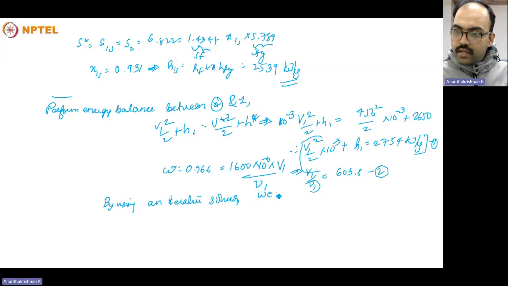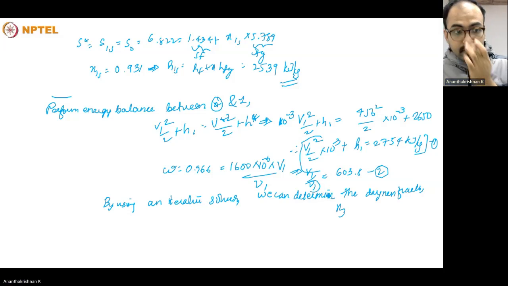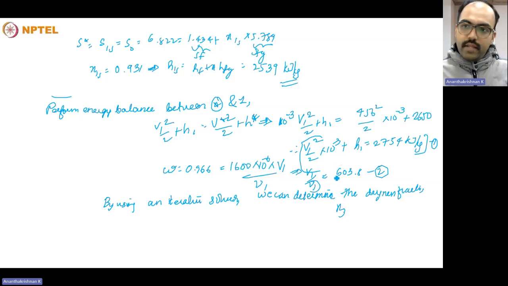From there we can get the dryness fraction x3. So ultimately both of the points depend only on the x3.